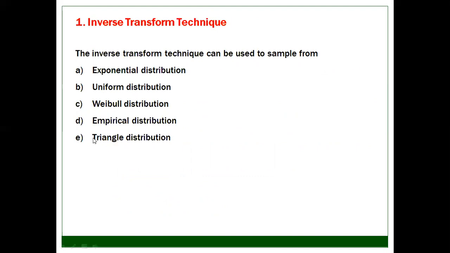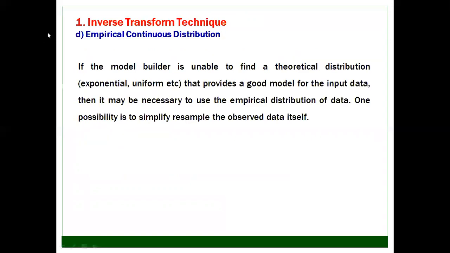Out of all these, the only new one you are going to learn is the empirical distribution, because exponential, uniform, Weibull and triangle distributions you have already seen in module 2. So I will be dealing only with the empirical continuous distribution.